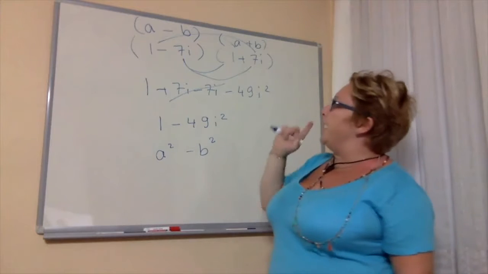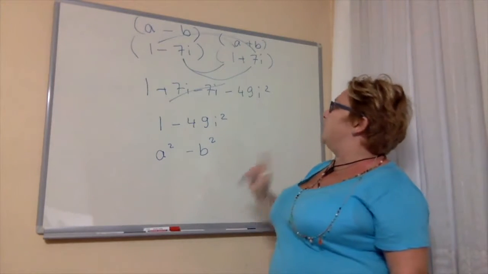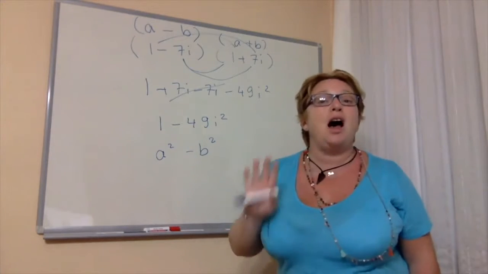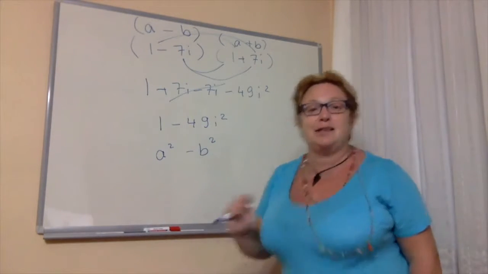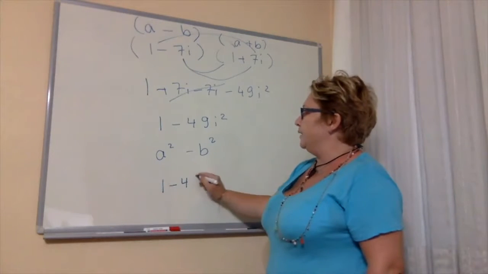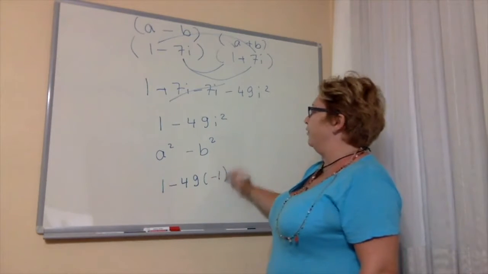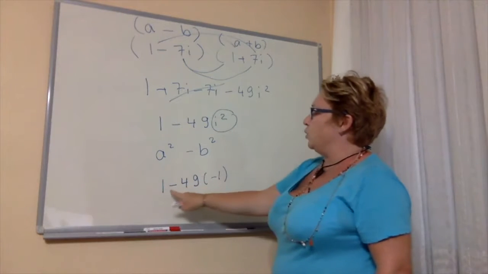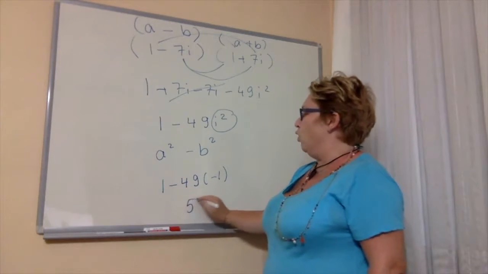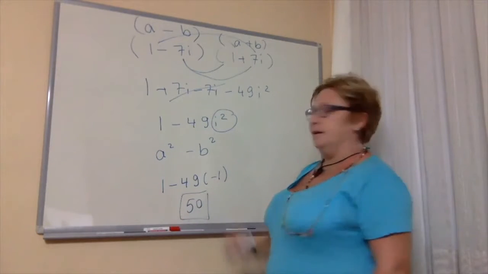And when we multiply a minus b with a plus b, we get a squared minus b squared, which makes the i terms cancel. Okay? And then finally, our last step is to plug in negative 1 for this i squared. So we get 1 plus 49, or 50.